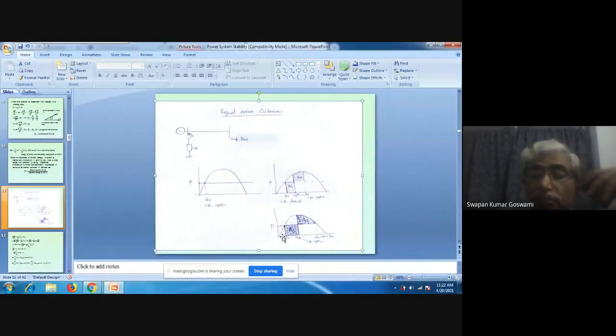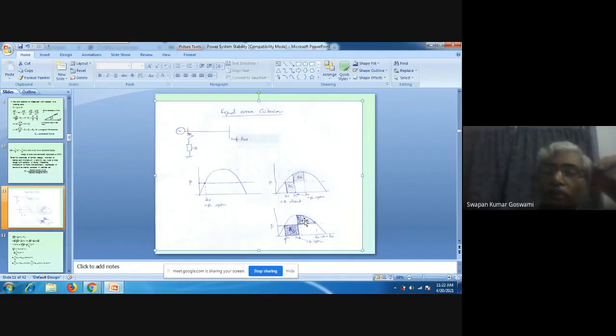That means at delta 0, speed is synchronous, and at pi minus delta 0, again, speed is synchronous. So obviously, energy inserted into the machine must be equal to the energy extracted from the machine. That's why A3 and A4 must be same. That means these two areas, A3 and A4, must be same.